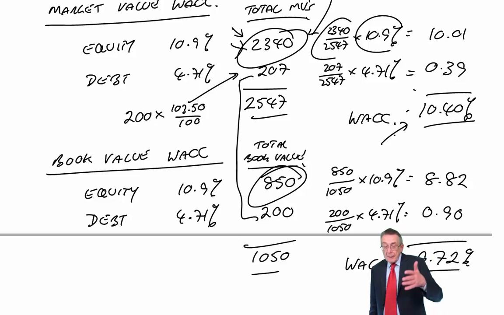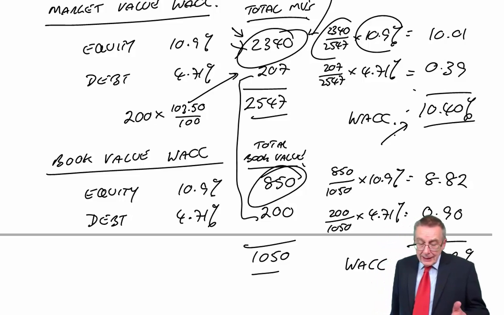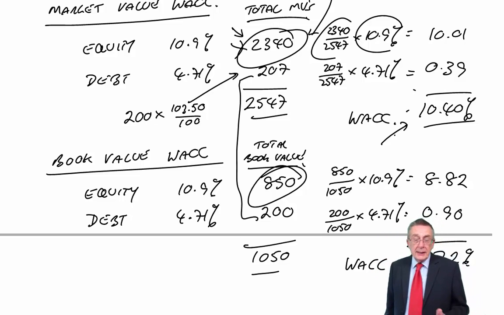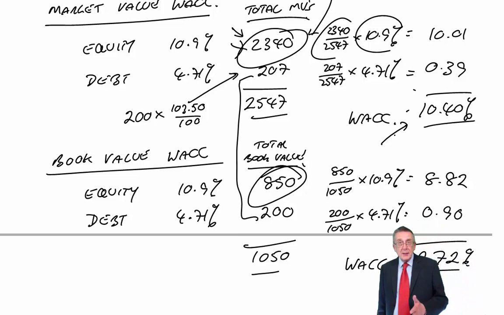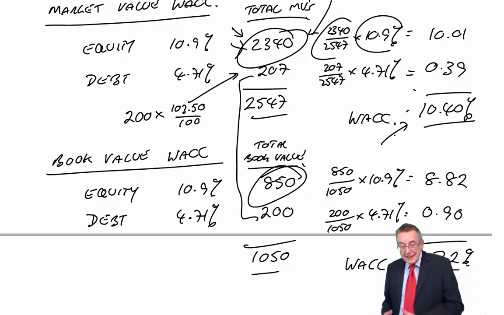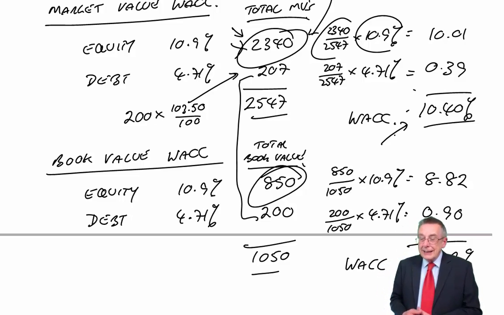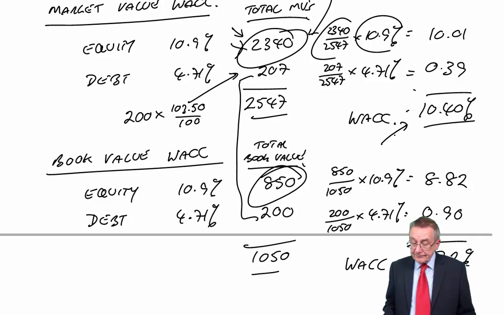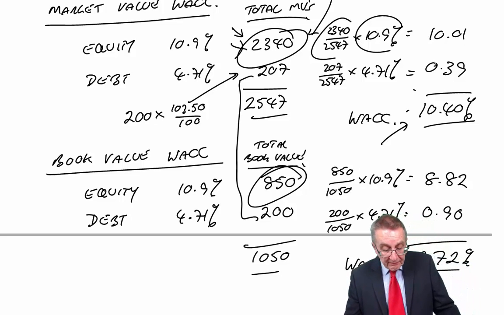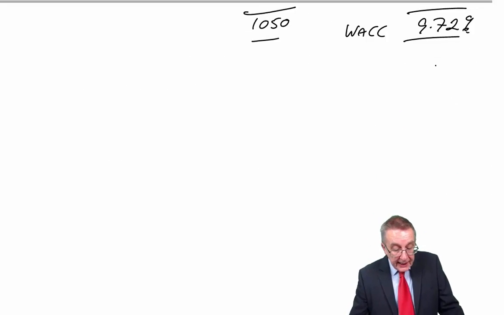Again, it's because book values of equity are likely to be substantially lower than market value. You'll be giving less weighting to the cost of equity. Well, I think I've said enough. All right, that's part A.